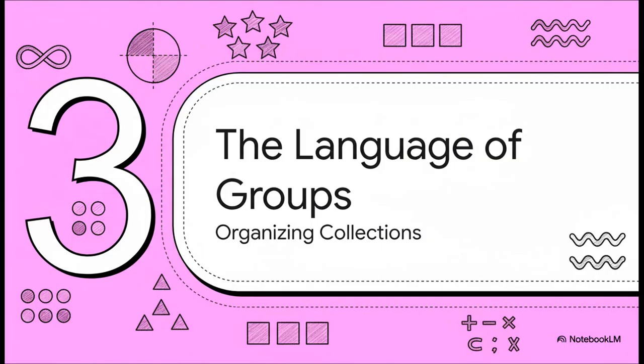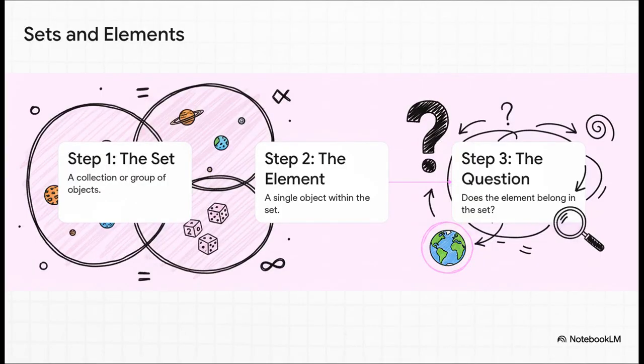So, we've got the basics for talking about numbers. But what if we want to talk about whole groups of things? This is where we level up, moving from simple sentences to organizing big collections of ideas. Let's walk through this. First, just imagine any collection of stuff. That's a set. It could be a set of your favorite songs or a set of numbers. Then you have a single object. That's an element.